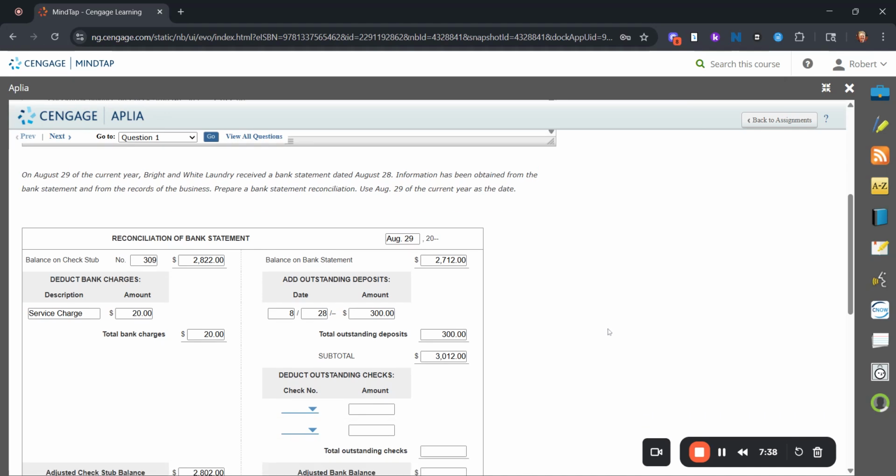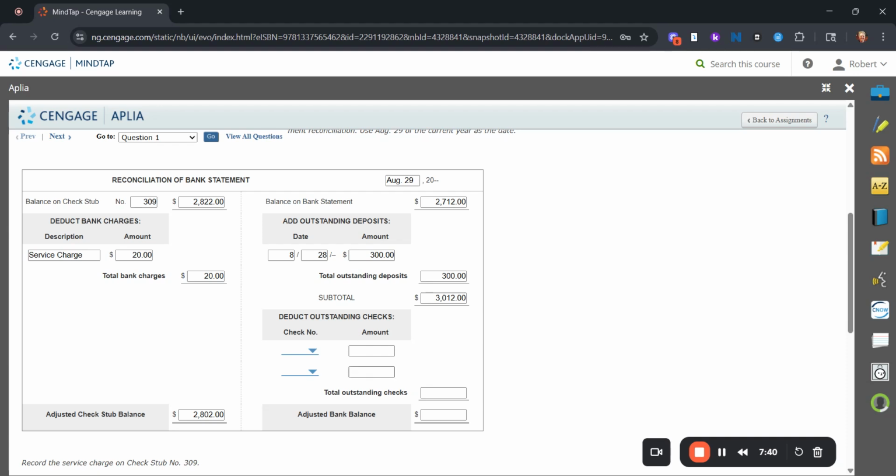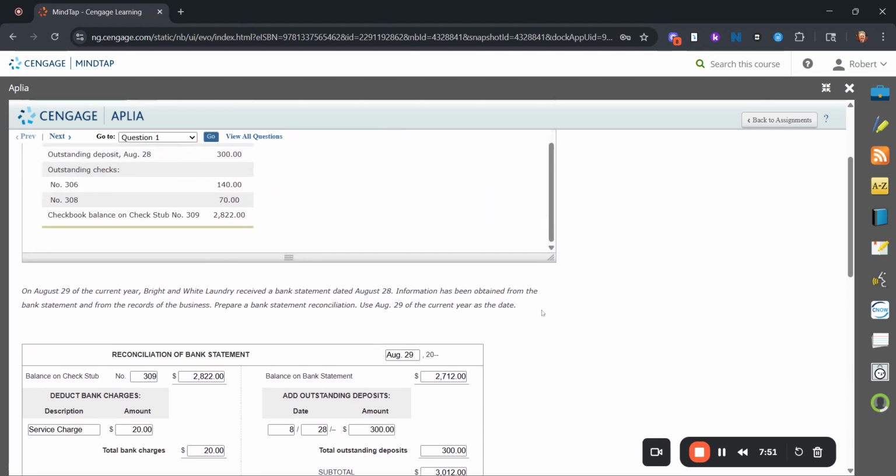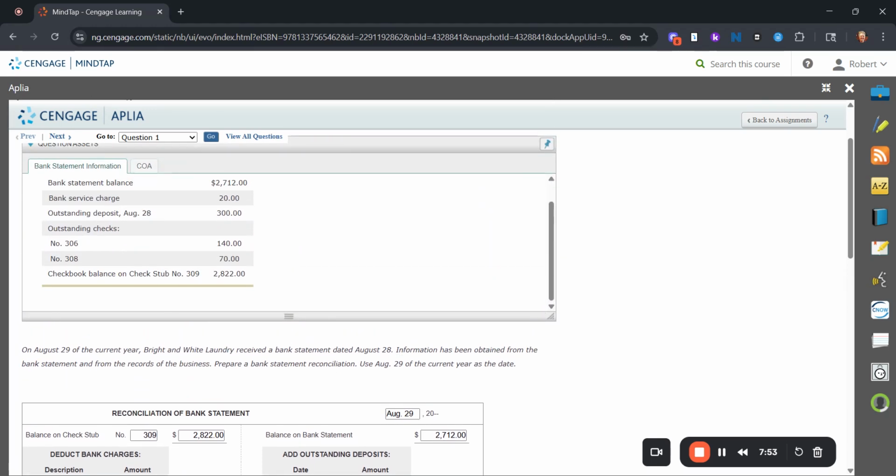Well, still not up to date, because we still have two checks that were written that hadn't been cashed yet when the statement was created. So we need to take those checks out. We have that information up here at the top. Check number 306 for $140 and check 308 for $70.